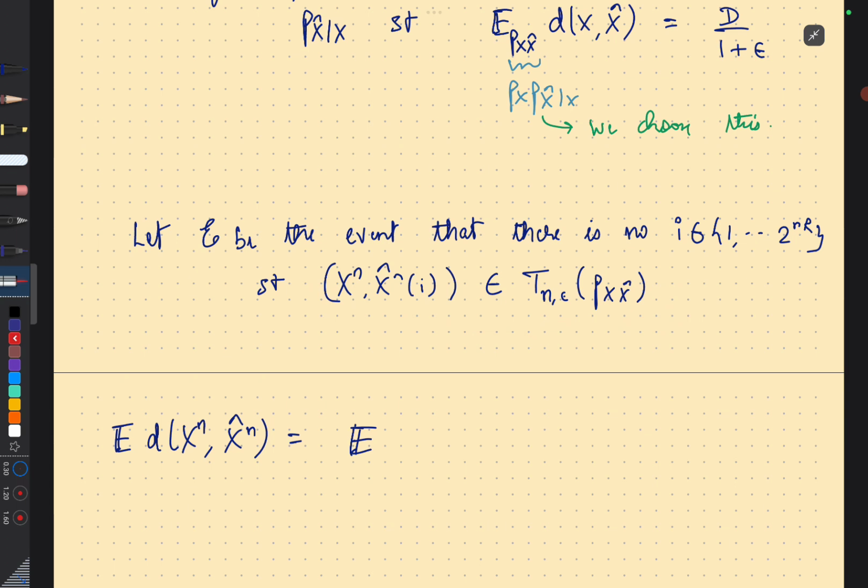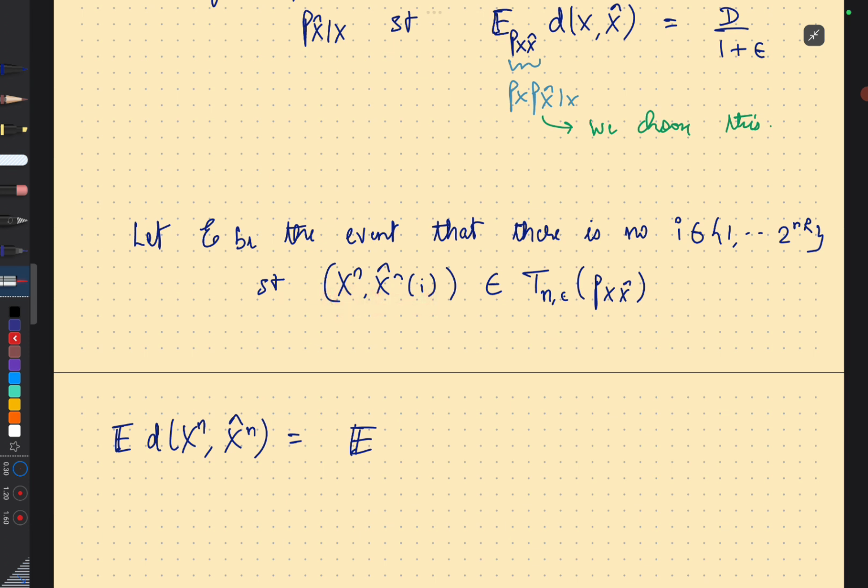Right? So if you look at this particular pair, what is the joint distribution of this pair? This is the source sequence, and this is one particular code word sequence.